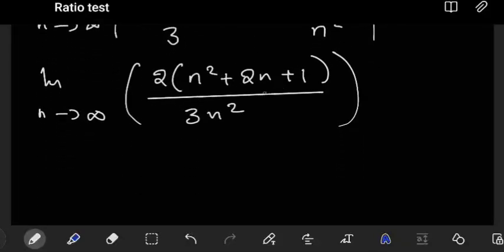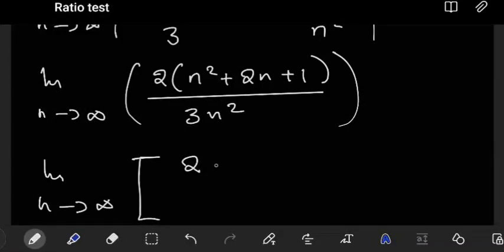From here, to evaluate this limit, you can use L'Hopital, or we can divide every term by n squared. So that if we did that, now this will be the limit to infinity. The 2 can go inside. If we took the 2 inside, this would be 2 n squared divided by n squared, it will be 1.